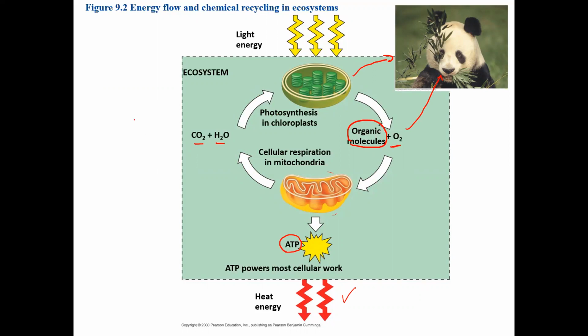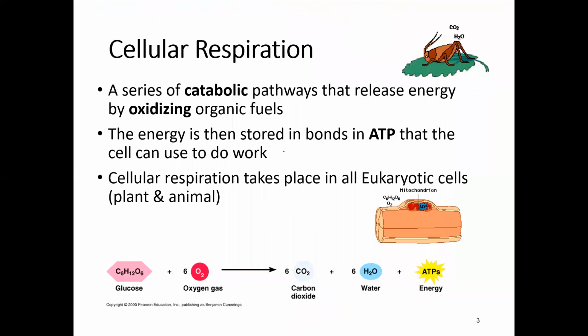So what I want you to get from this is that these two processes are linked: photosynthesis and cell respiration. Cell respiration is the breakdown, or catabolic pathways, that release energy by oxidizing organic fuels like glucose.